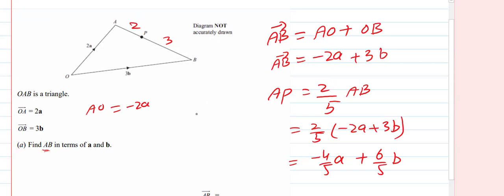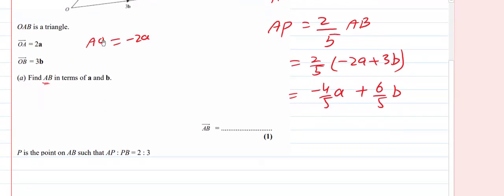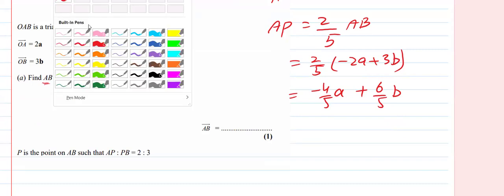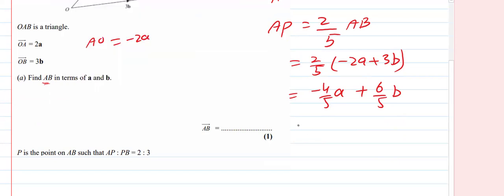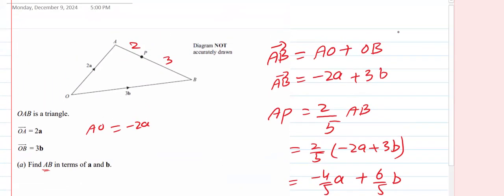In the same way, how will we find the PB now? Again I will use the ratio formula.